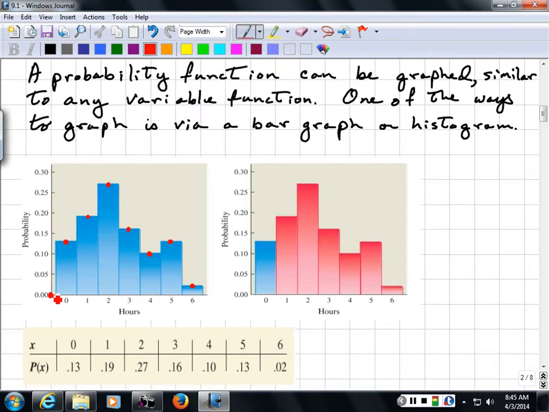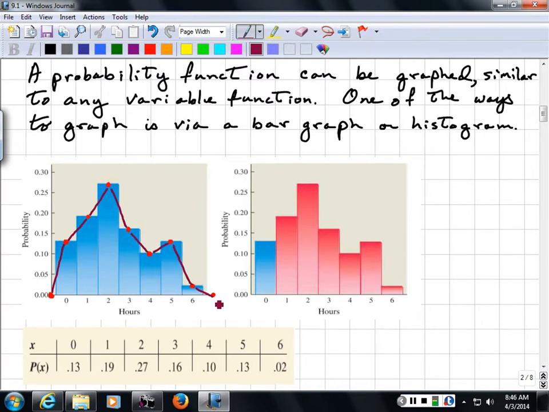And I could draw what we call a frequency polygon by, in fact, let me use a different colored line here. This is a frequency polygon by connecting the dots. It's also called a broken line graph.